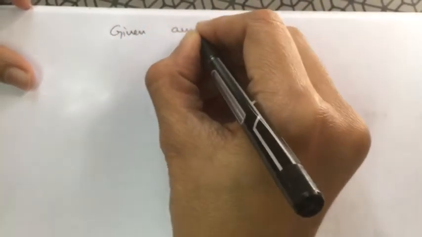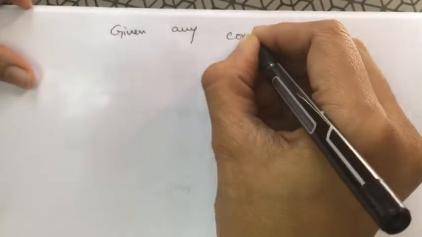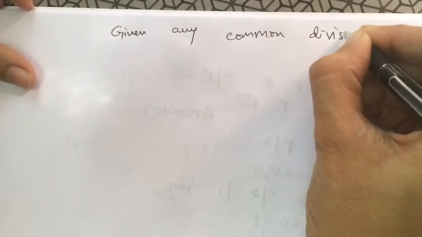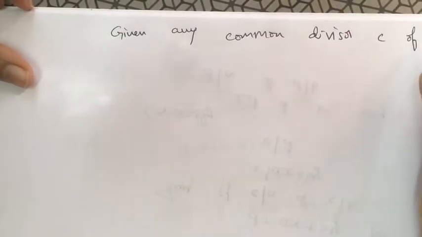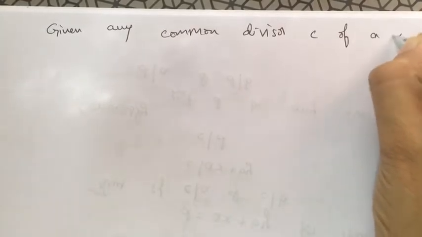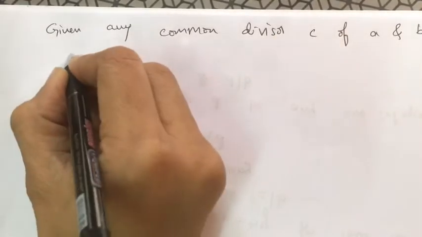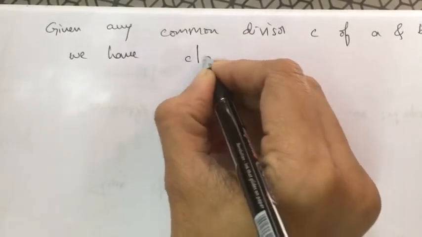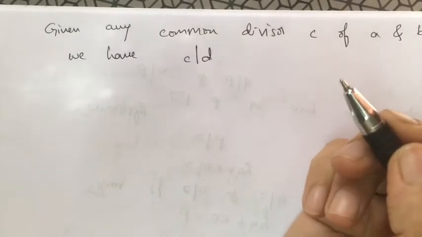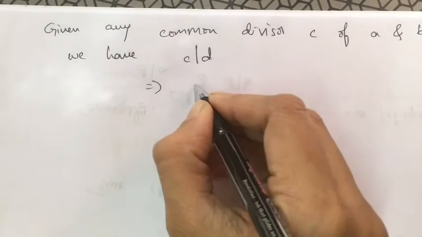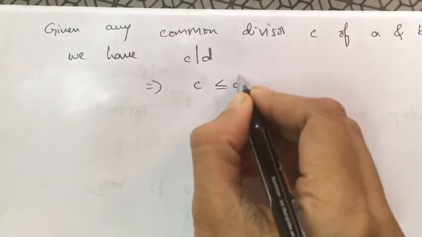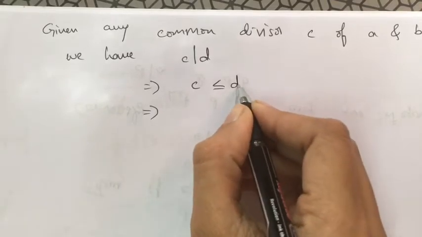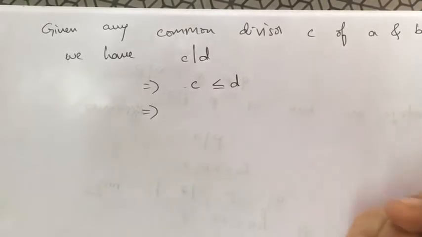Given any common divisor c of a and b, we will have c divides d. Okay, by that c must be less than or equal to d. That implies d is the greatest common divisor.